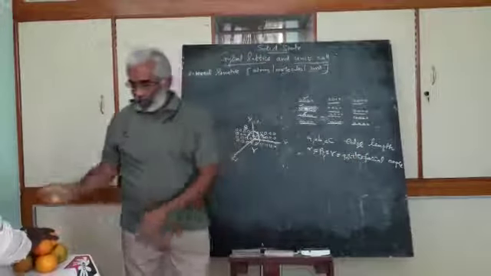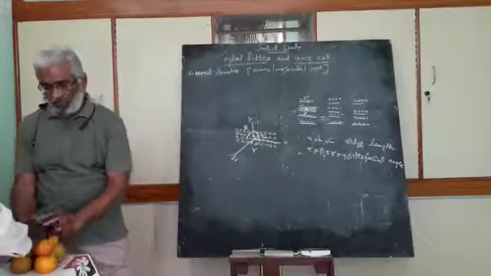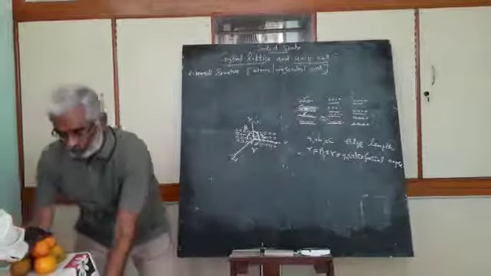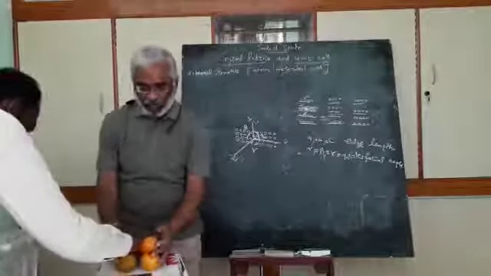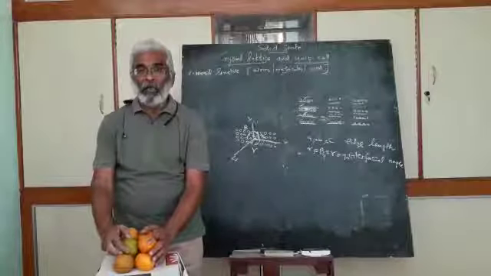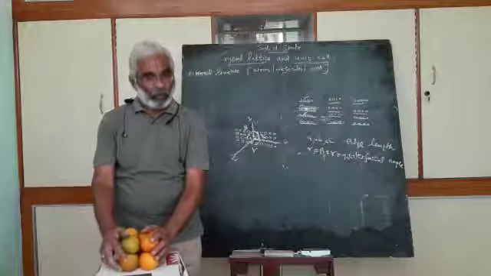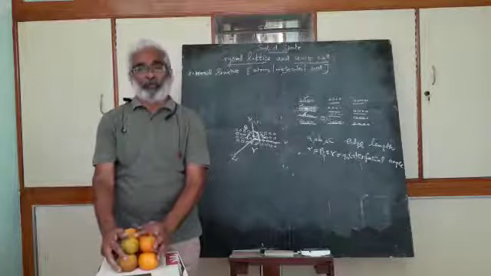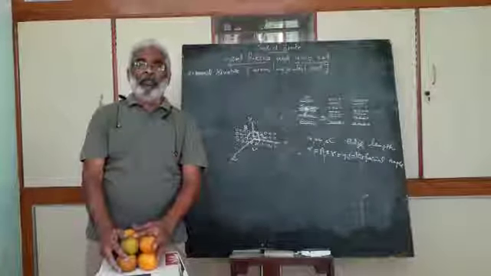If 8 atoms are arranged like this, we get a cubic arrangement. It is not a cube, but it looks like a cube. This is one unit cell.